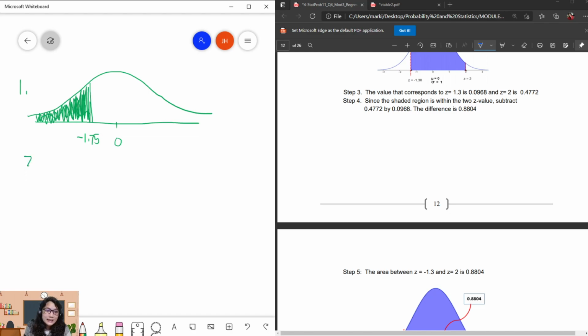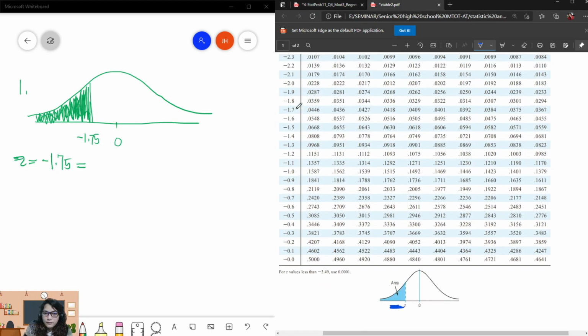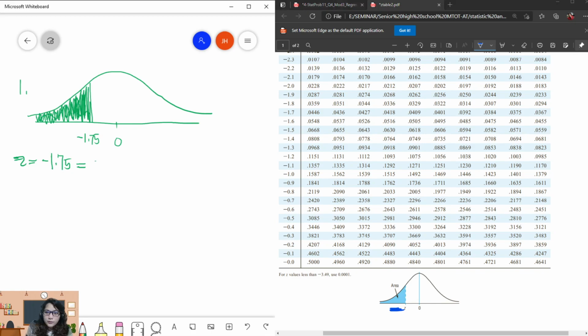So z is equals to negative 1.75, which is equals to negative 1.75 here in our table. 0, 1, 2, 3, 4, 5. That is, why did we automatically answer 0.041? Because it is already given from left to right. Why did we answer that automatically? Because it is from left to right.